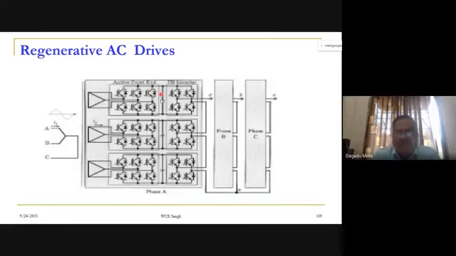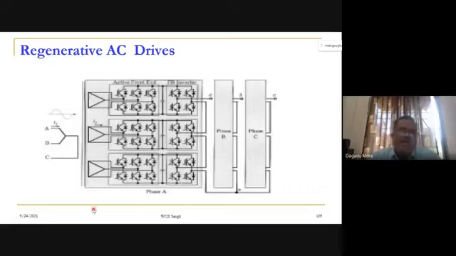Each PWM rectifier has 6 devices. So 9 into 6, how many IGBTs do we have? 54 IGBTs. How many H bridges do we require? One leg requires 3 H bridges, so 3 legs require 9 H bridges.